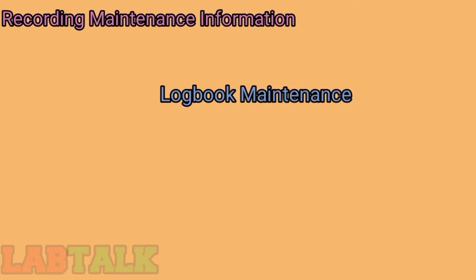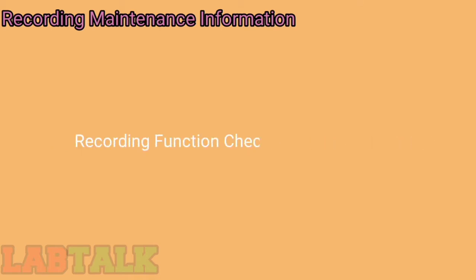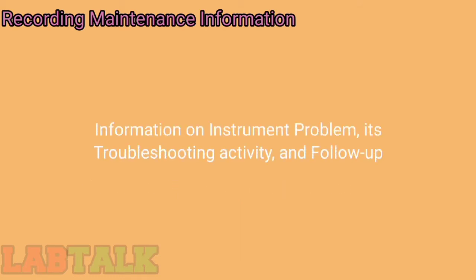Now we will see how to record the maintenance information. Each piece of equipment should have a dedicated book documenting all characteristics and maintenance elements: preventive maintenance activities and schedule, recording of function checks, calibrations, any maintenance performed by the manufacturer, full information on any problem that the instrument developed, the subsequent troubleshooting activity, and follow-up information regarding resolution of the problem.